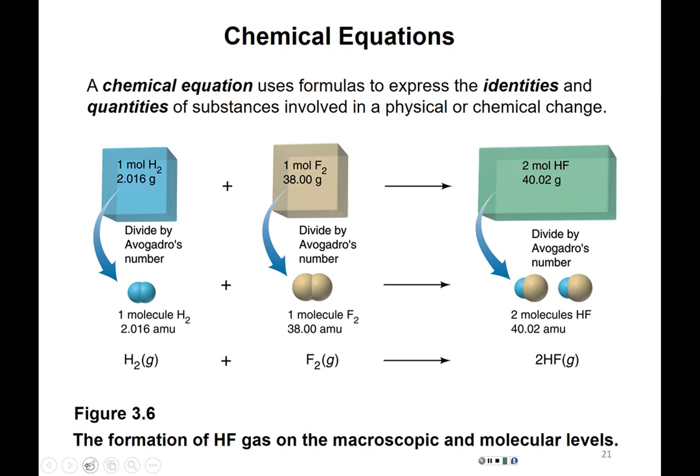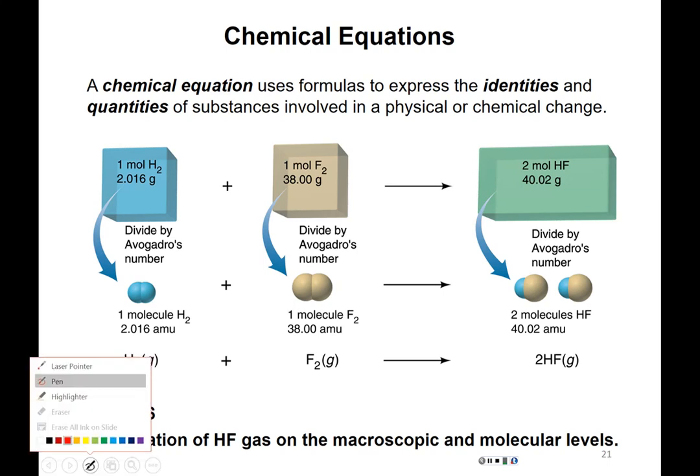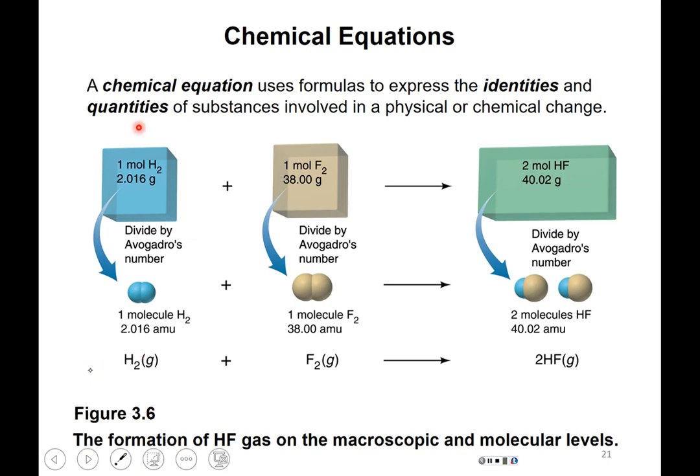And what they mean by that, switch to laser pointer. So this would be the macroscopic level of this reaction. If we have hydrogen gas and fluorine gas to mix and make hydrogen fluoride, right? So the ratio in which they react is 1 mole of H2, 1 mole of F2, and they make 2 moles of HF.